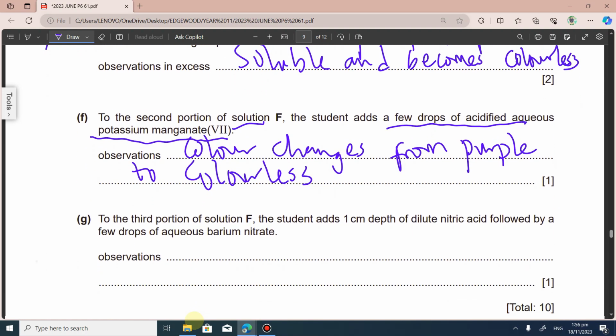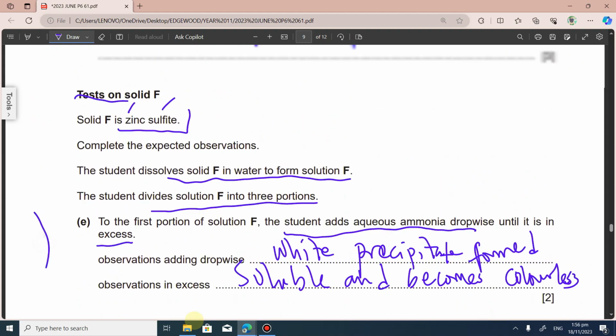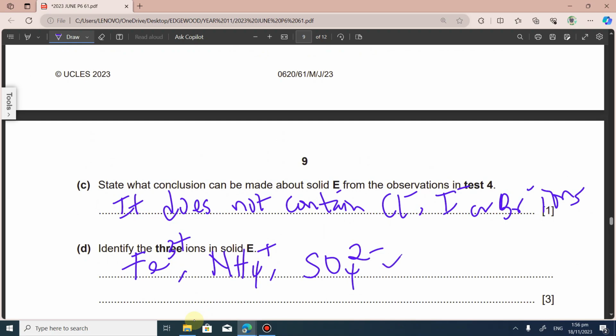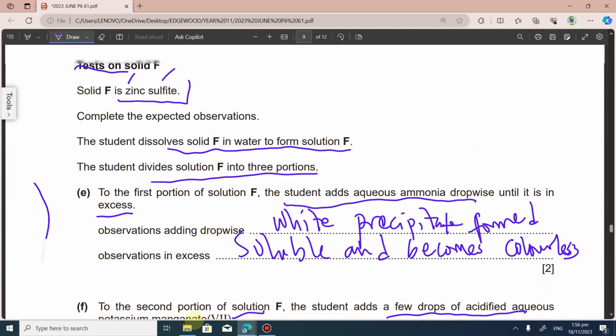Okay, so now the next one says to the third portion, which is the last one, the student adds 1 cm depth of nitric acid followed by a few drops of aqueous barium nitrate. Now, whenever you see dilute nitric acid added to aqueous barium nitrate, you consult the table and see that you are testing for sulfate ion, just like we did for this test. But there is no sulfate ion in the compound that we are dealing with.